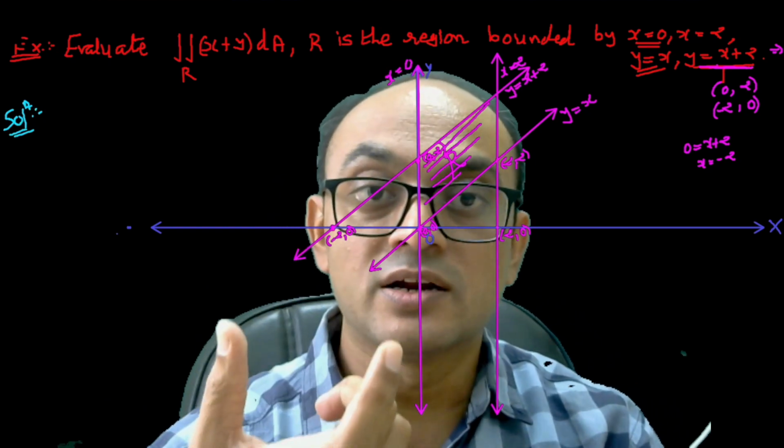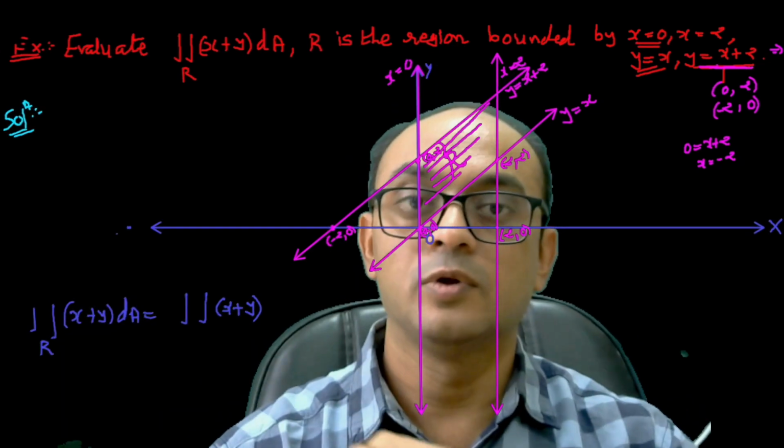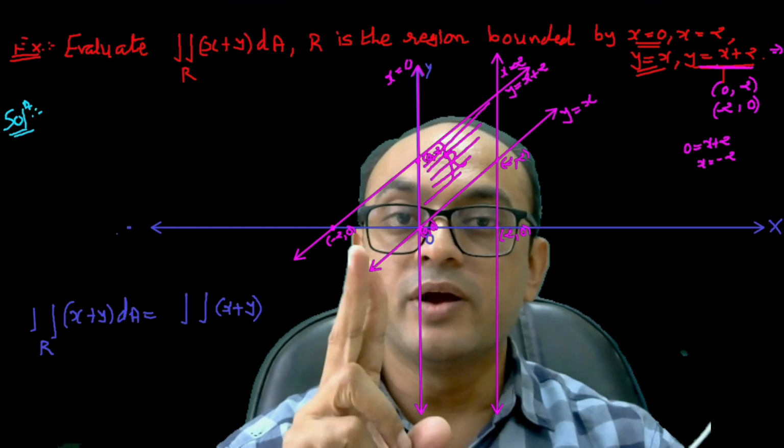So now let us start the integral. How do we evaluate the integral? Double integration over R of x plus y dA is equal to double integration over R of x plus y, then what? Here you have to be careful. dA is divided into two parts.